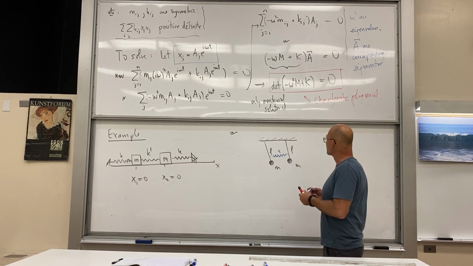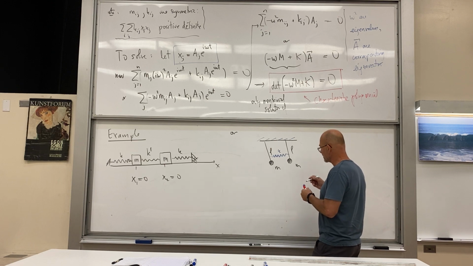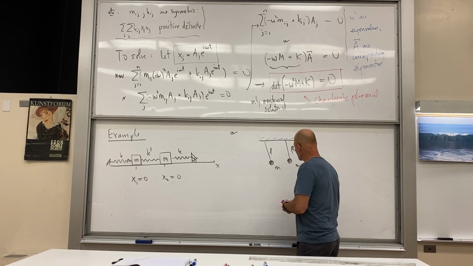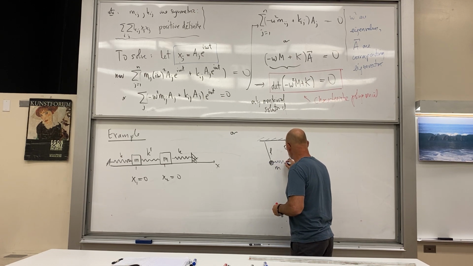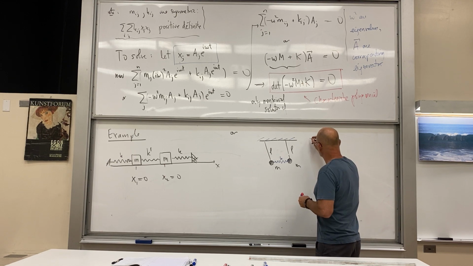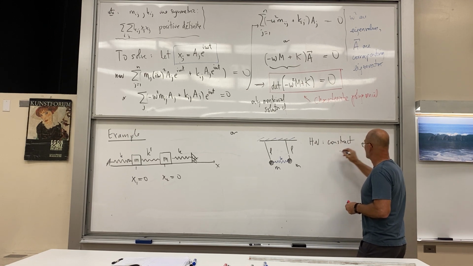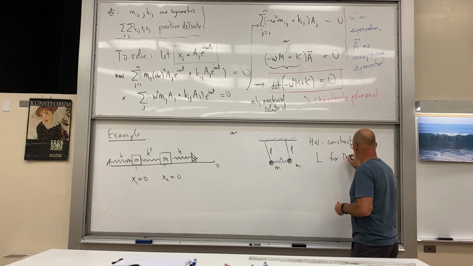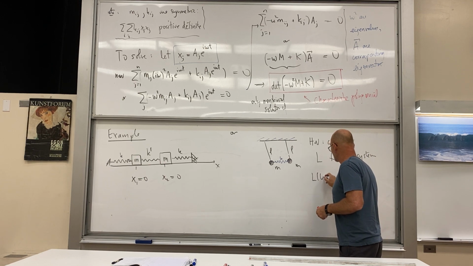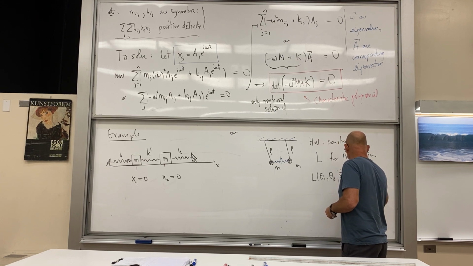But I'll put a homework up here right now, and that will be to construct the Lagrangian. In fact, I have to be a little more precise here. Just to make the construction of the Lagrangian easy enough, we'll put the little spring right in there, call that K. So homework: construct L for this system, and you can see it's going to be L of theta 1, theta 2, theta 1 dot, theta 2 dot.